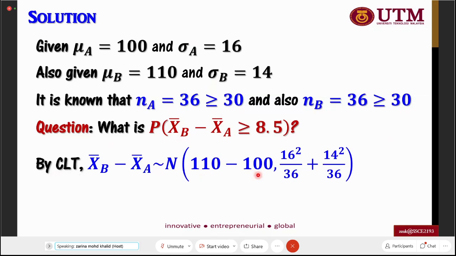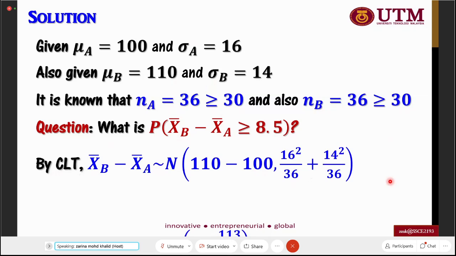Be careful again with the mean here. You have to start with 110 because you have x bar B first, minus 100. And the variance of the difference has to be the sum of the variances, so don't forget to square sigma A and also sigma B. This is directly from the information available, and I would advise you to simplify these values.